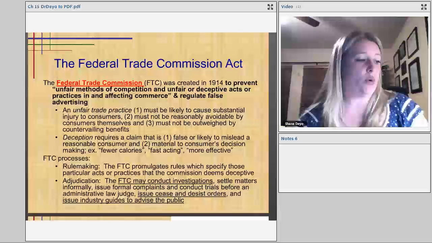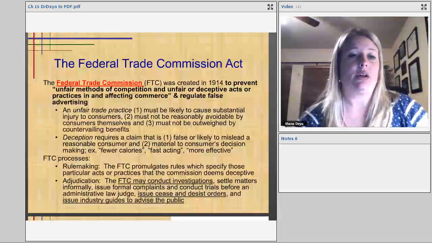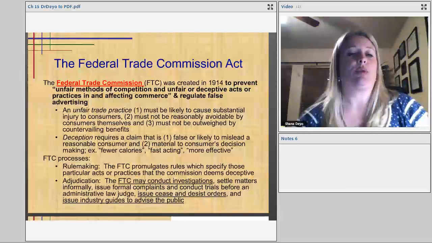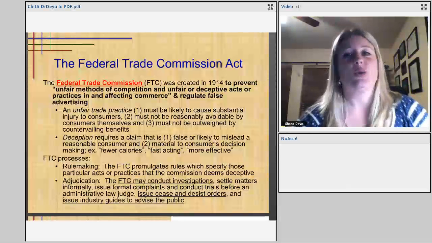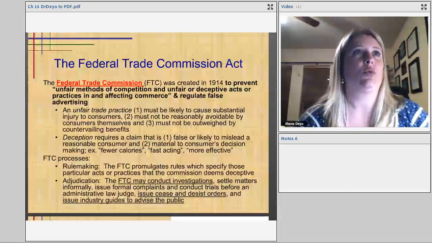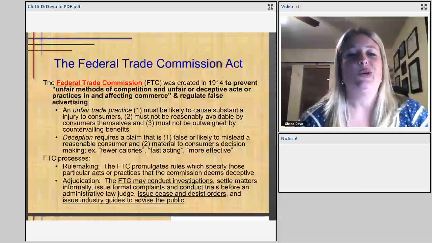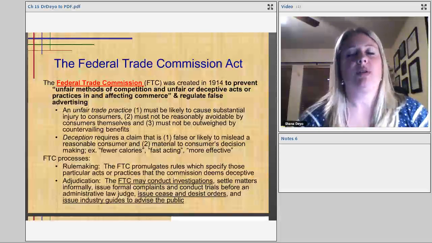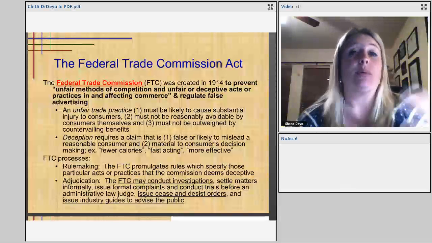And they also want to regulate false advertising because they should not be able to say that a certain product has fewer calories, or it's fast acting, or lose more weight in one day, or more effective, or more pervasive, if it's really not. They have to be able to prove that.